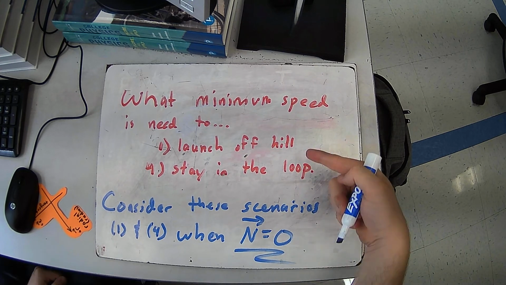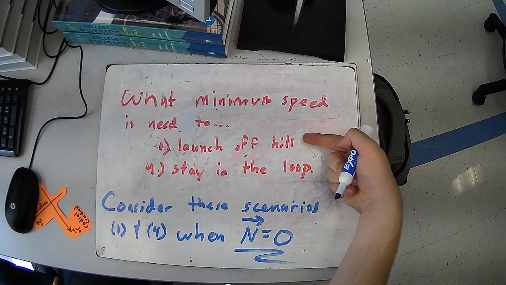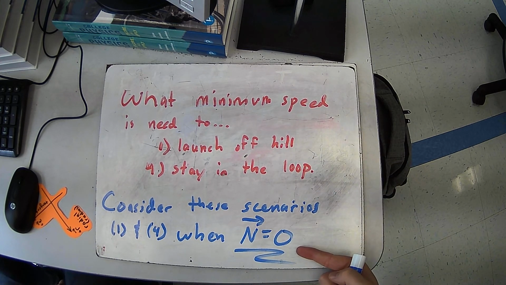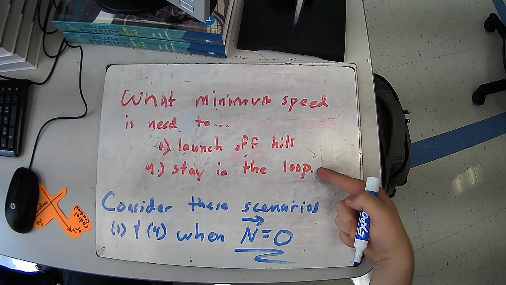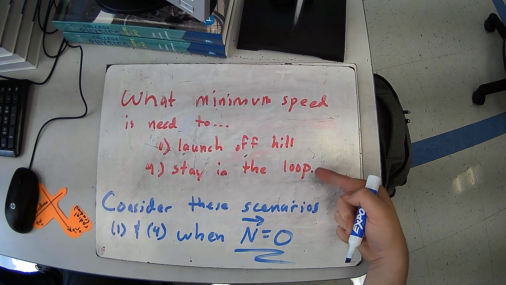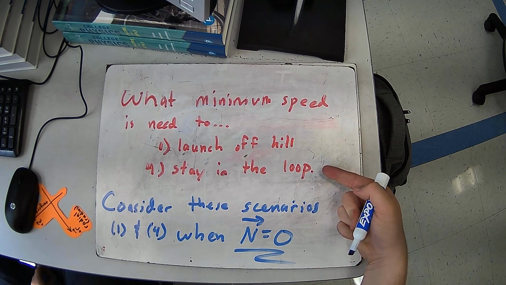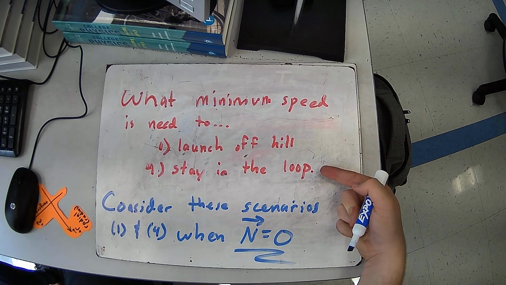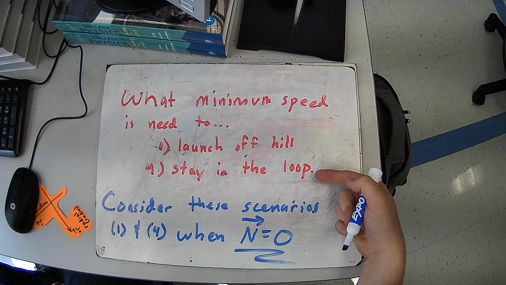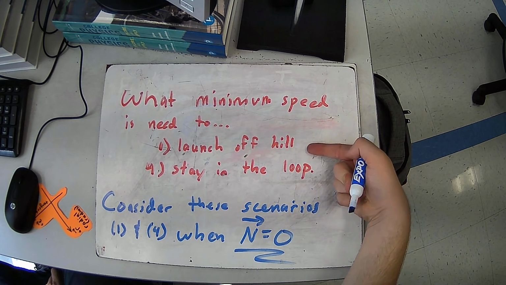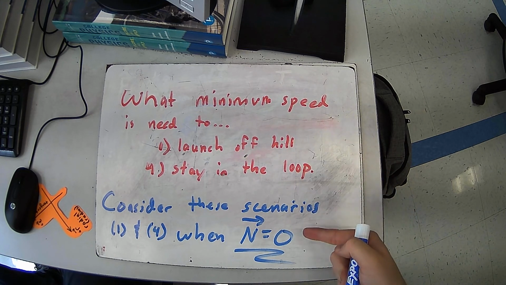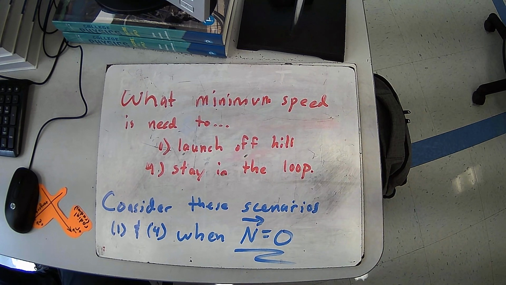Because if we're launching off the hill, we don't have contact with the hill anymore, so the normal force is 0. And if we are just barely staying in contact with the loop, that means that the normal force is maybe just above 0, so 0.0001 newtons, which we can round to 0. So the minimum speed to stay in the loop or the minimum speed to launch off the hill, that's both coded language for look at those same free body diagrams, but the normal force is 0 because we're considering what happens when we lose contact with the surface.